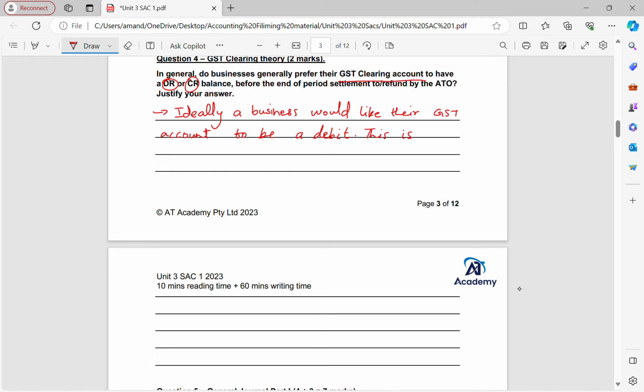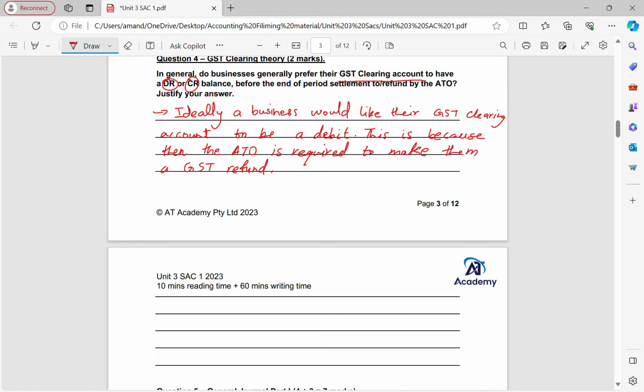This is because, GST clearing, I should say actually, this is because the ATO is required to make them a refund, which is a GST refund, right? So logically this makes sense, because who doesn't want to be returned money, right?